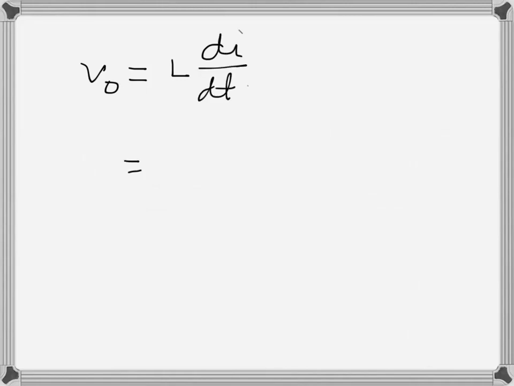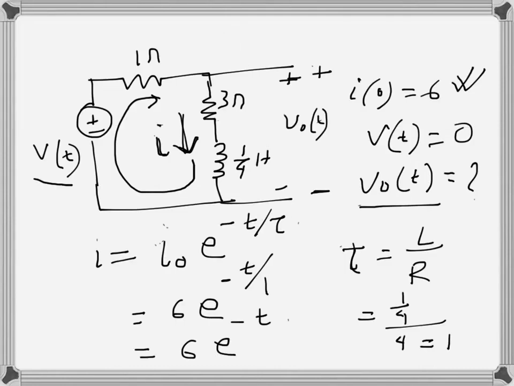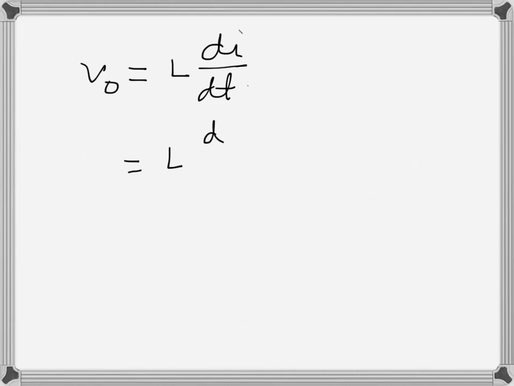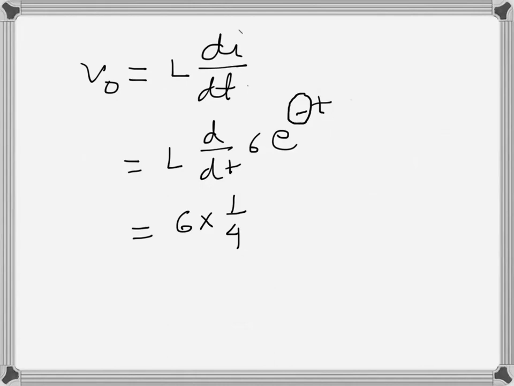So we have L here, and we need to differentiate this expression, which is 6 e to the power minus t. 6 will come ahead, so 6 into 1/4, I am putting the value of L, and because of the negative, e to the power minus t will be the same, but that negative coefficient will come ahead, so it will become 3 over 2 e to the power minus t. That is the voltage across the inductance.